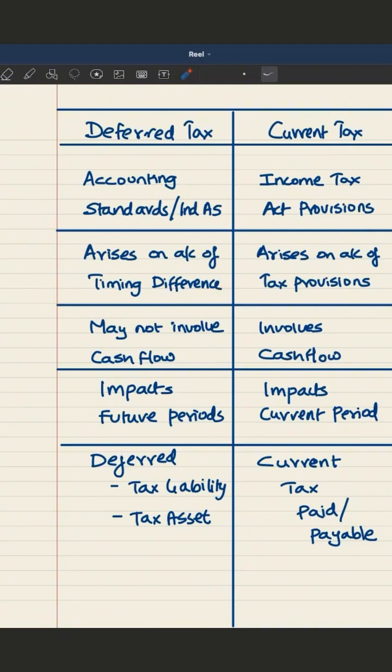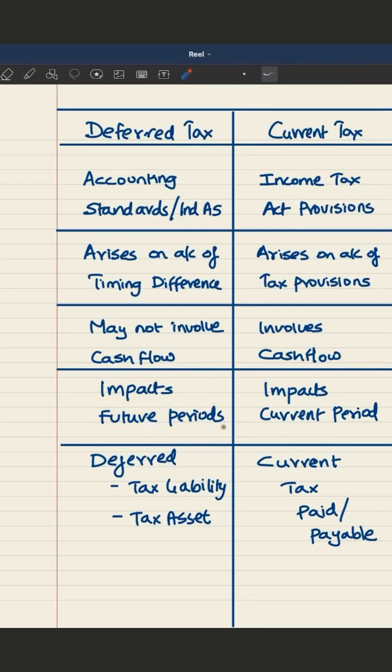Whereas current taxes arise on account of tax provisions that are relatable to the current year only. And deferred tax may not involve cash flow immediately, because it is basically an accounting entry made to give you the fair position of the picture, whereas current tax will involve cash flow as long as the current tax is paid. Number 4, deferred tax is going to have impact on the future period.